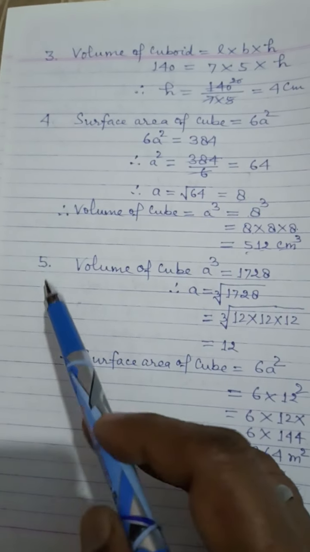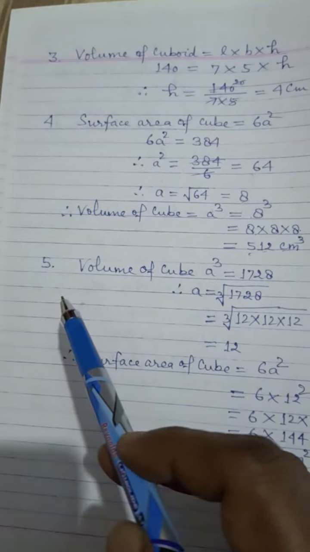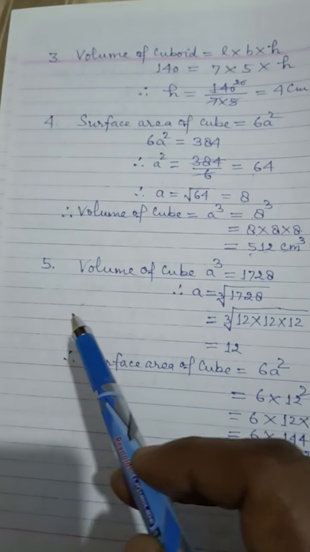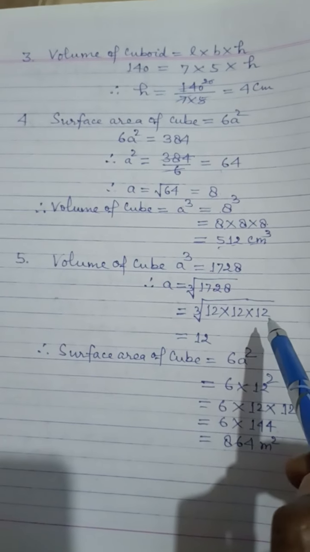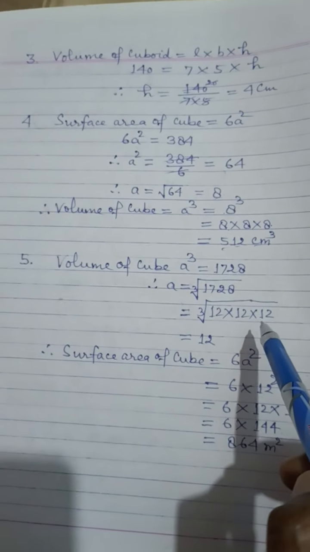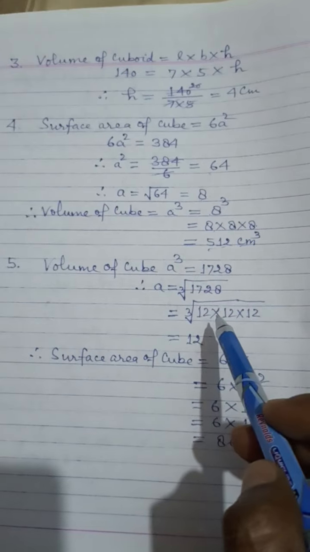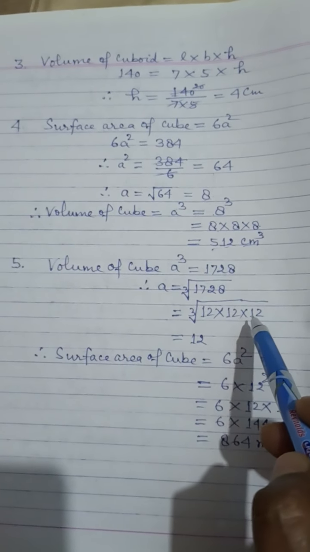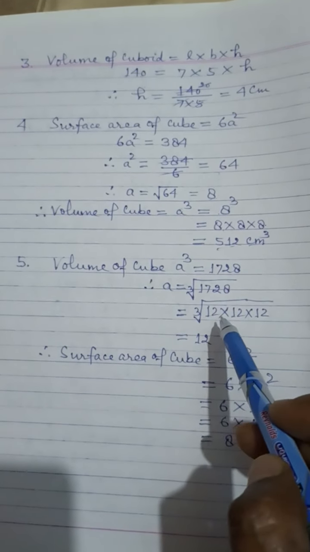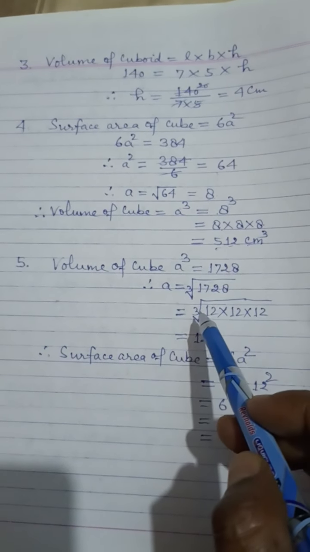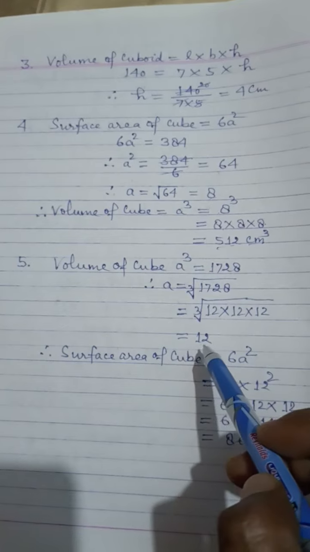So by the prime factorization method, 1728 you may factorize, you will get 12 into 12 into 12. So 3 times it is, so the cube root of that is 12.